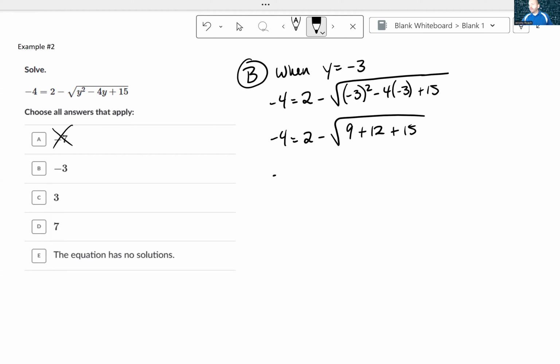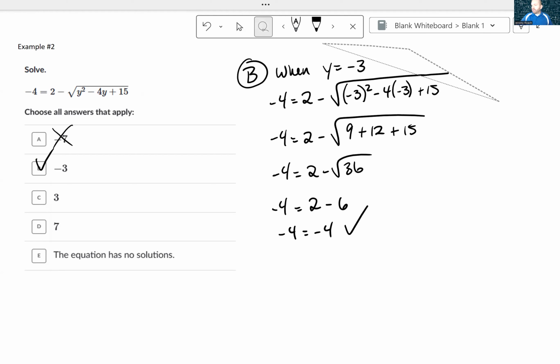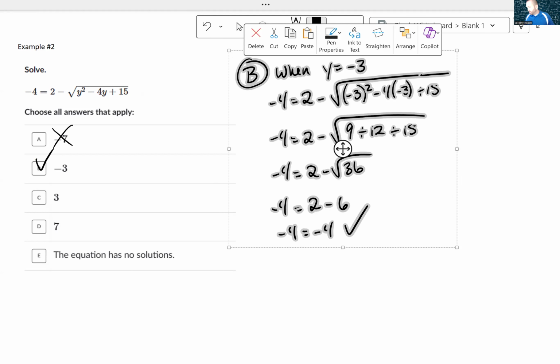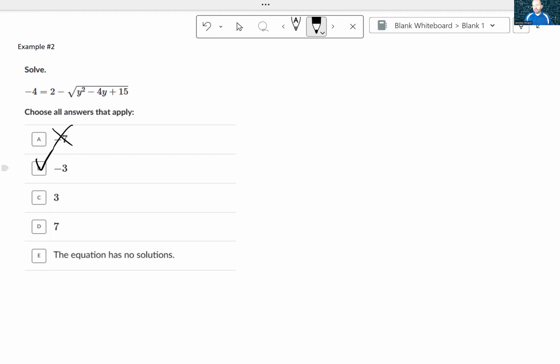We get negative 4 equals 2 minus the square root of 36. Square root of 36 is 6. And we get negative 4 equals negative 4. That one checks out. So negative 3 is an answer. And all we're doing here is we're checking for extraneous solutions. We're just kind of pretending that these are all solutions that maybe were found and then checking to see if it's extraneous or not. So we'll check C and D next.